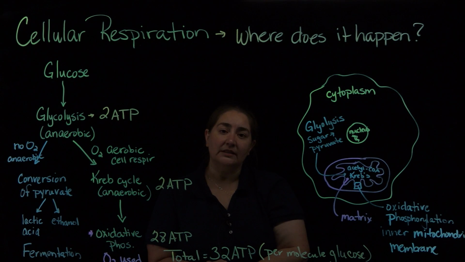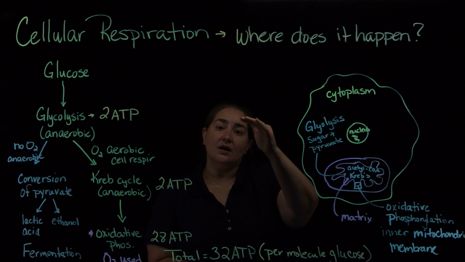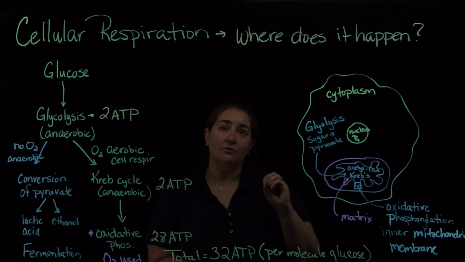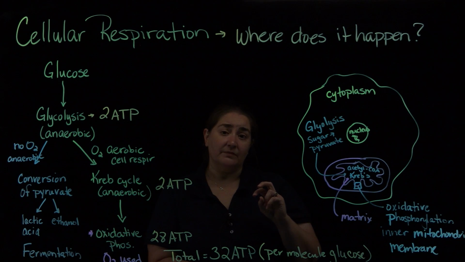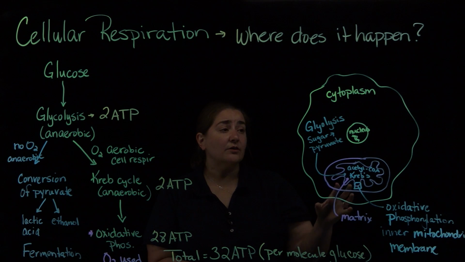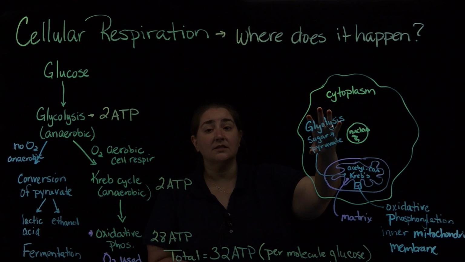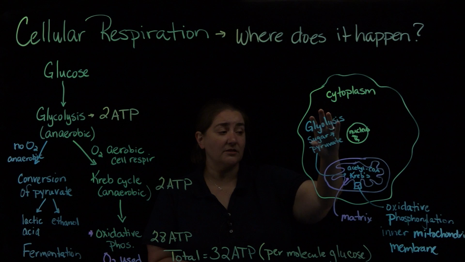Glycolysis, I'm a little lenient as far as that goes. I want you to understand the overall process. I'm not going to ask you individual names of enzymes, except for a couple that I'm going to point out when we talk about glycolysis. Where these occur in the cell: glycolysis is anaerobic and occurs in the cytoplasm.